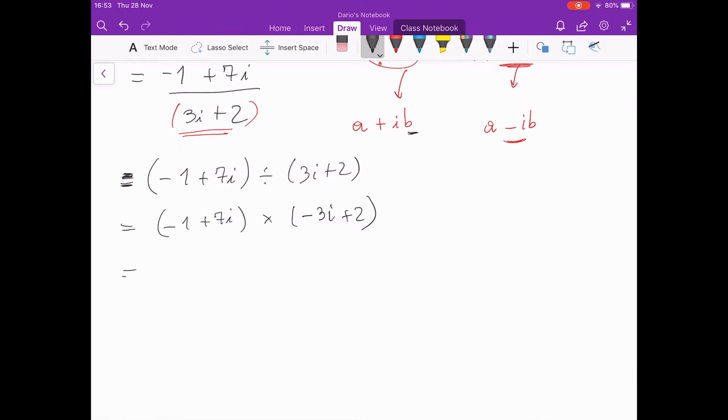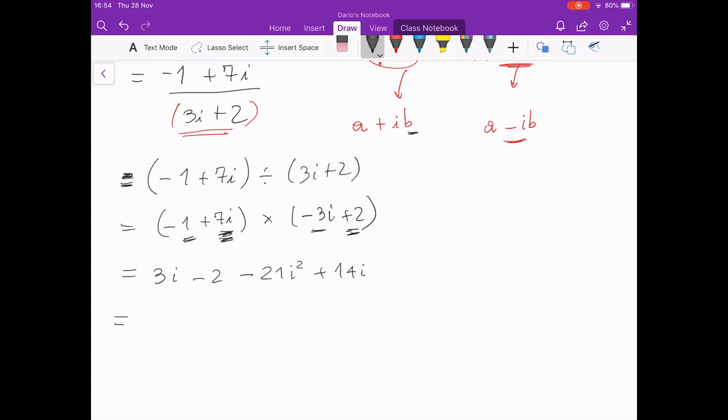Cool, so now it's just a matter of multiplying things out. So we've got minus 1 times minus 3i, that's 3i, then minus 2, and then we have 7i times minus 3i, so that's going to be minus 21i squared, and then we have 7i times 2, which is plus 14i.